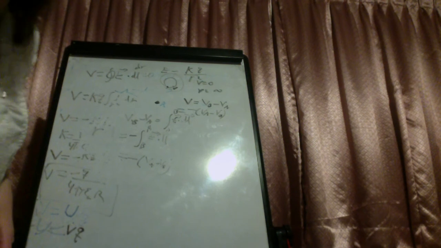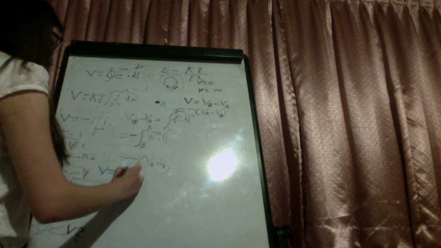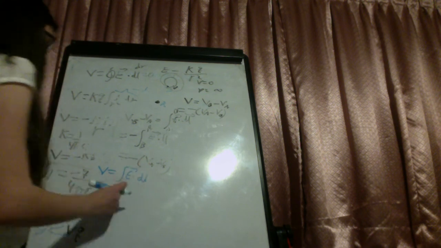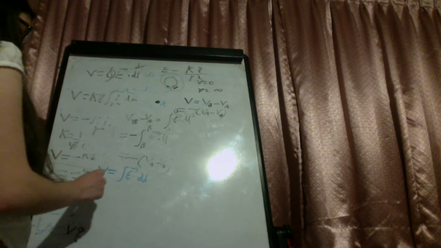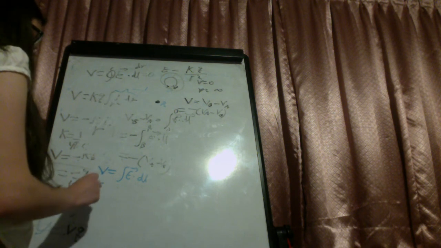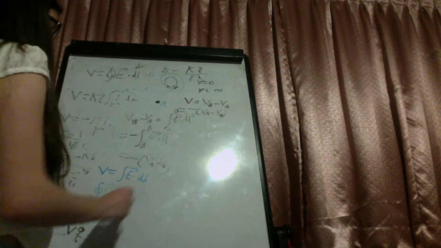So our new formulas are that the voltage is equal to the line integral of E dot dl, and the closed line integral of E dot dl is always equal to 0.